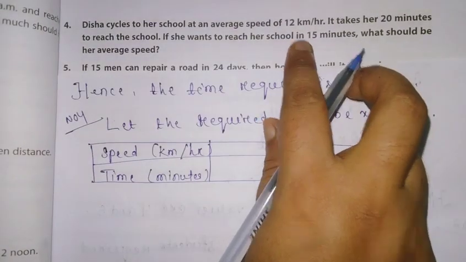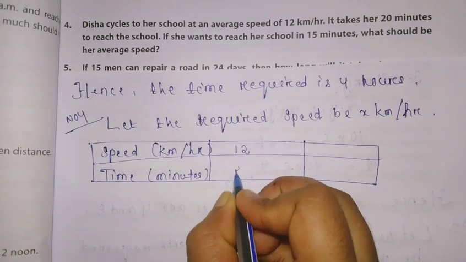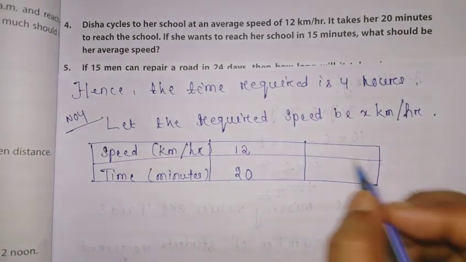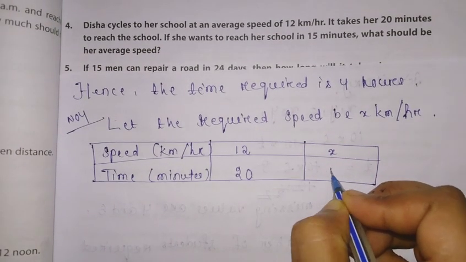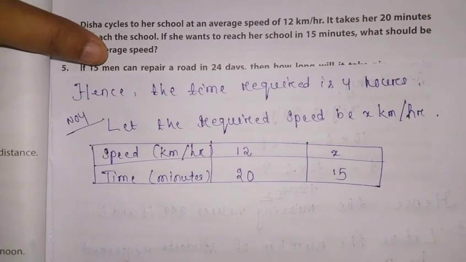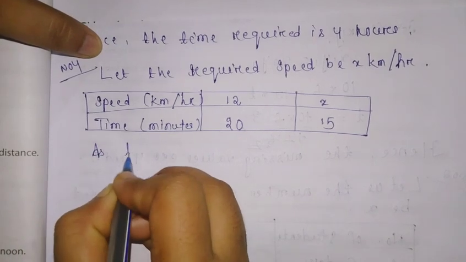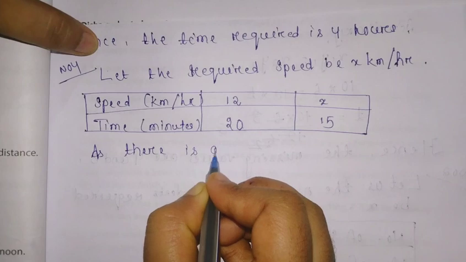Speed is 12 km and time is 20 minutes. Then x kilometer and time is 15 minutes. As there is an inverse variation.